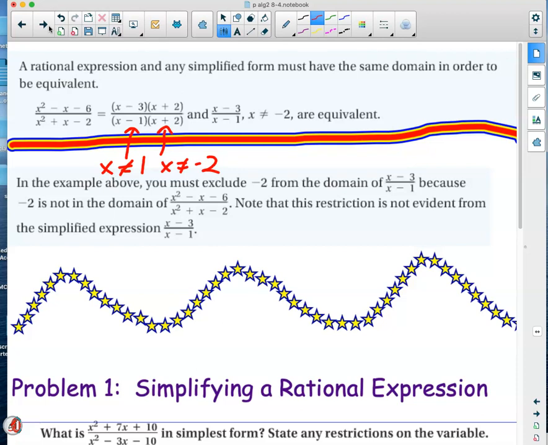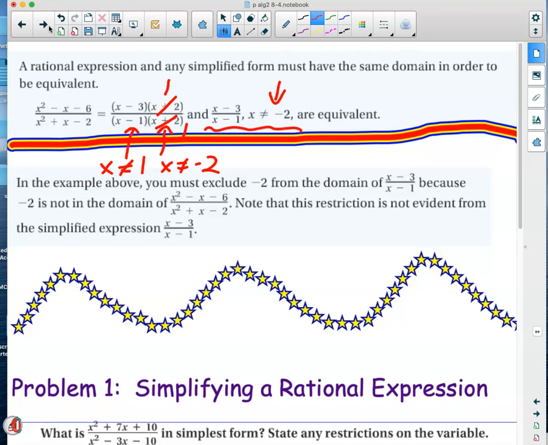Now when I simplify it, the x plus 2's cancel out. So when somebody looks at this problem, hopefully if they know enough math, they'll say, oh, I can't use a 1. But without our little warning, they wouldn't know that you can't use negative 2 in this problem. So again, domain is our warning, our restrictions telling people don't try and use this number.